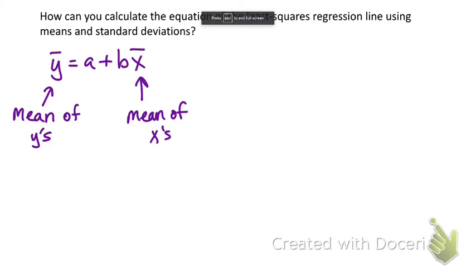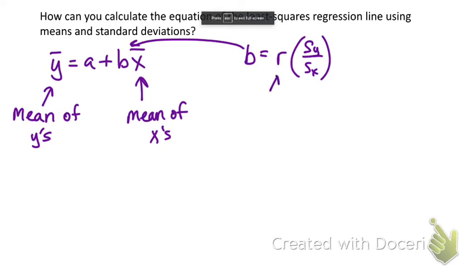All right, so we have the mean of the y's, the mean of the x's. Those would be given to you somewhere in the problem. Then we have this other formula. B equals r times s sub y over s sub x. Obviously, B is the slope. It's that same B that's in the slope formula. What does R stand for? That's correlation. That would also have to be given to you in the problem. S sub y.